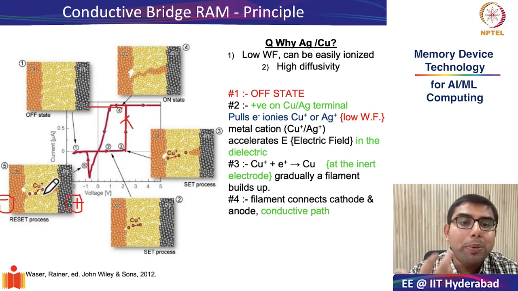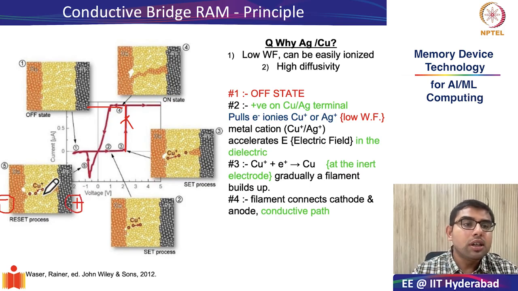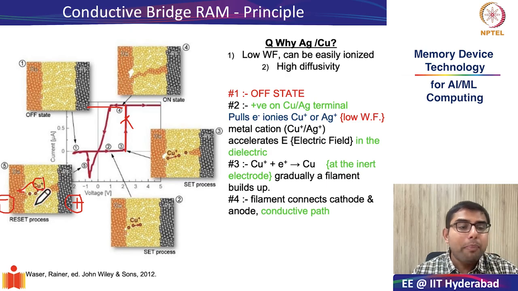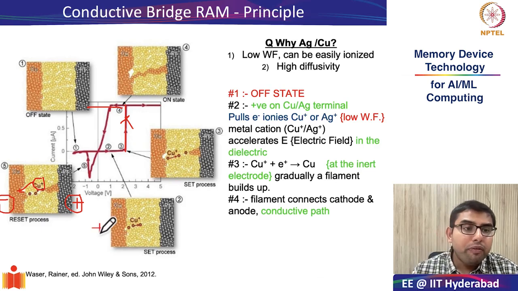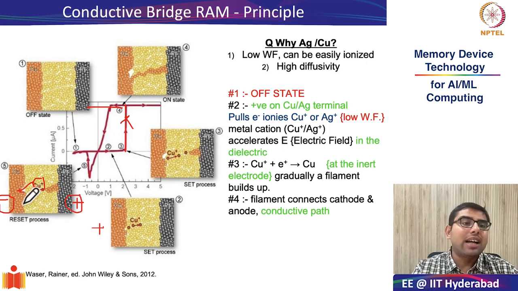the exact opposite process starts happening, which is that the copper loses an electron, becomes Cu plus and drifts towards the negative terminal, thereby dissolving the filament. So when you apply positive at Cu, the filament gets formed. When you apply minus at the active material or copper, the filament gets dissolved.